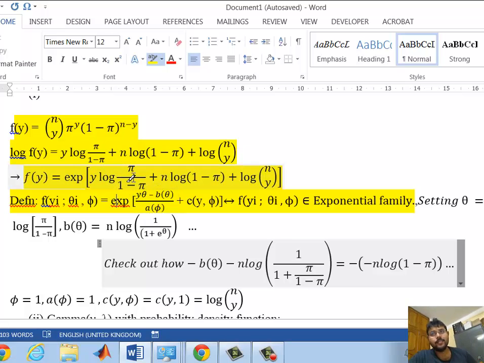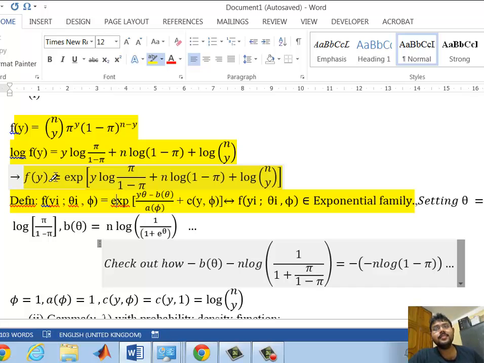So I have a phi, I have a theta, I have a b of theta, and I have a c term. And for that I had to take logarithms, and then the exponential of the logarithm is the function itself. Log is invertible.